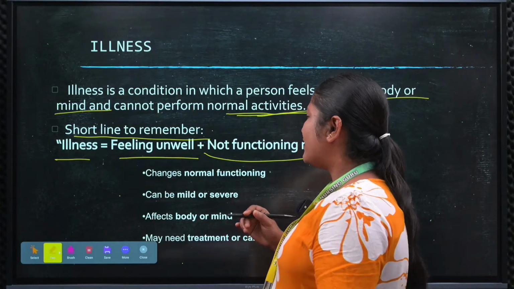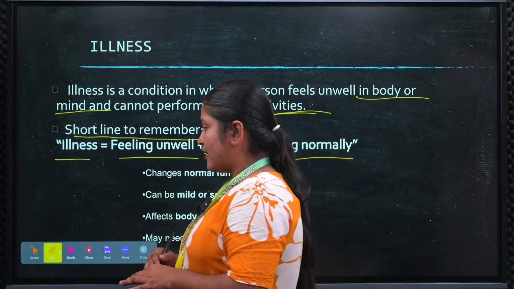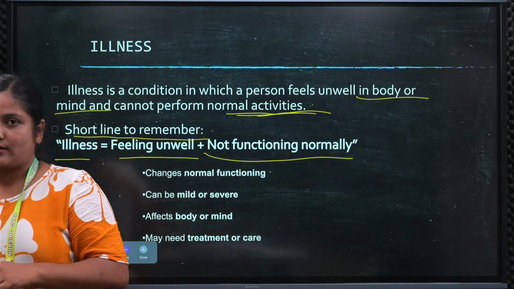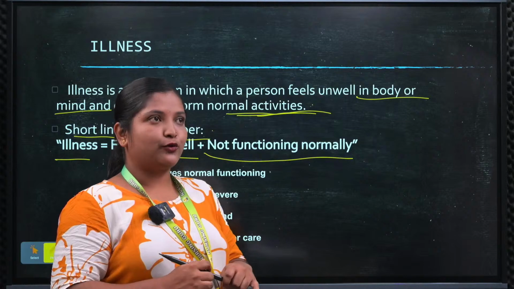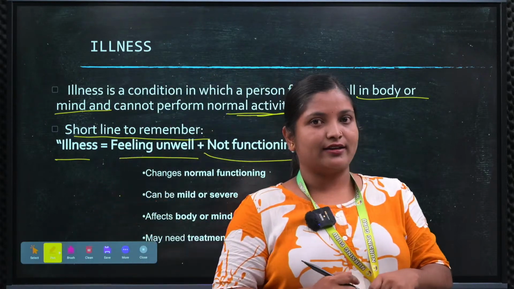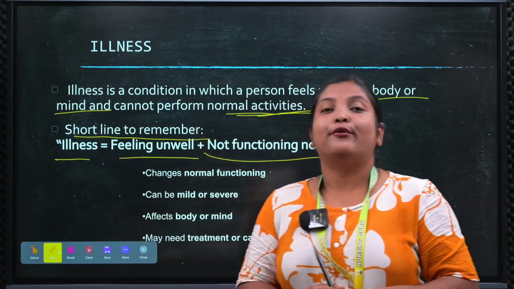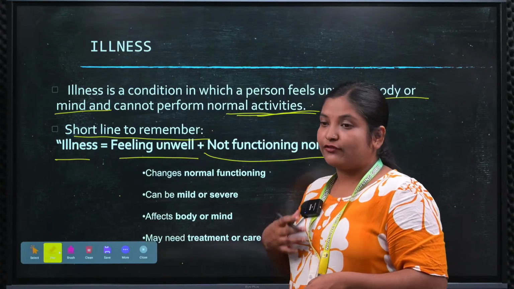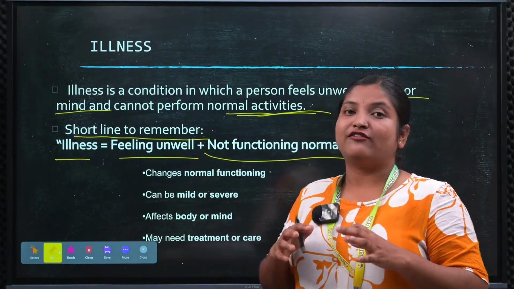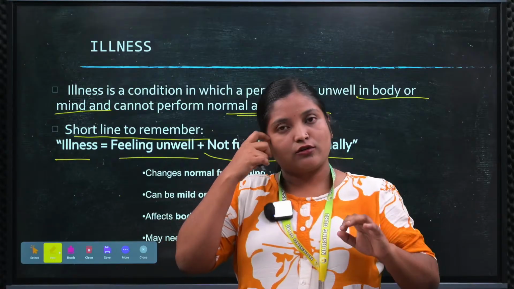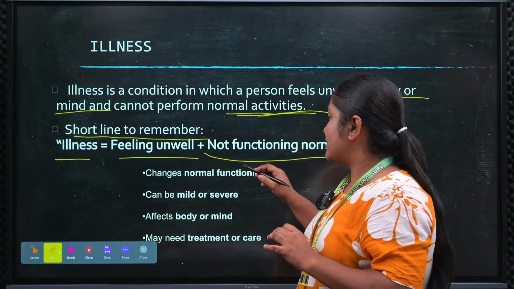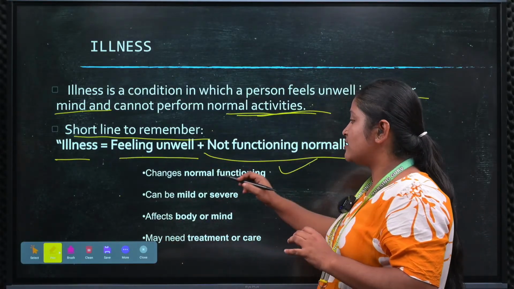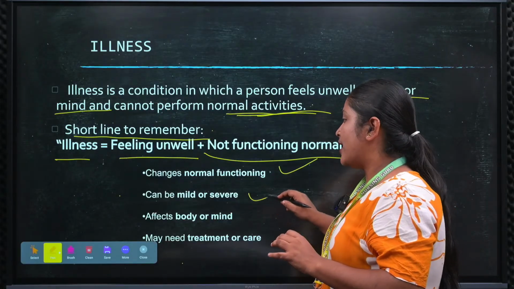What kind of changes can we see then? Why am I always saying that illness means you can't do your functions properly? Because you are getting some kind of infection in your body, which will alter things in your brain also. The changes in normal function can be mild or severe.